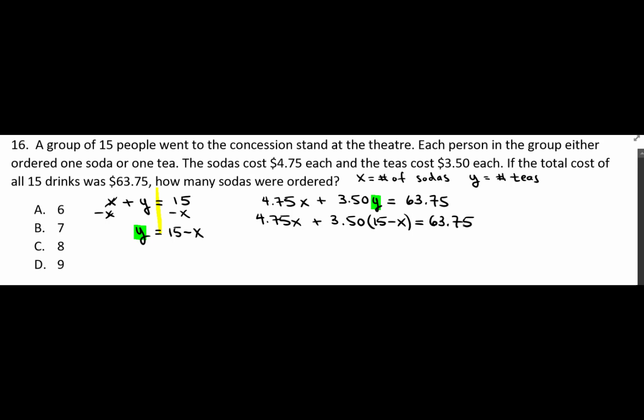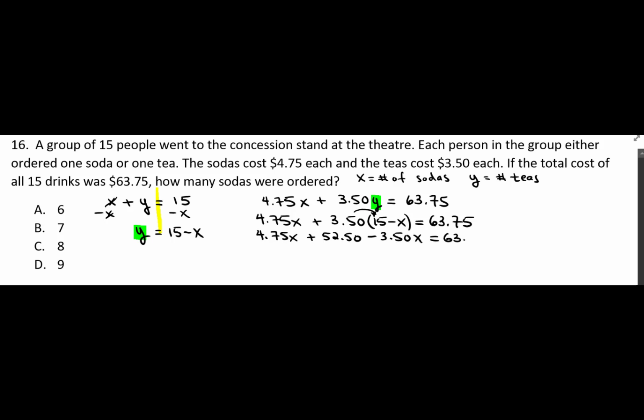And then we're going to solve this equation by getting rid of the parentheses. So we're going to distribute 3.50. We're going to multiply 3.50 times 15. That is 52.50. And then 3.50 times negative x gives us negative 3.50x.